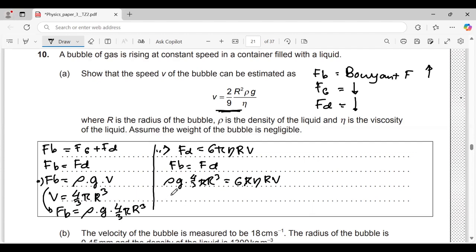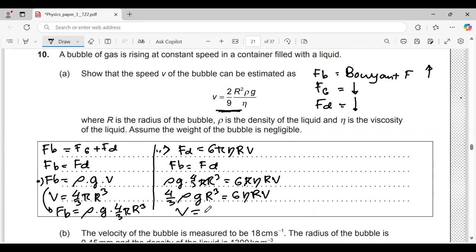So it's going to be, I would like to write, 4/3 rho g r cubed equals 6 eta r v, like that.